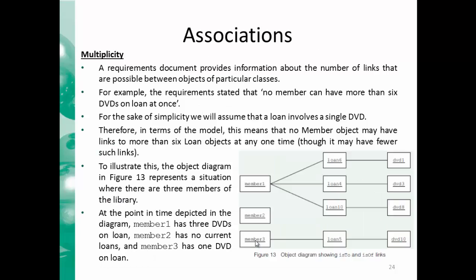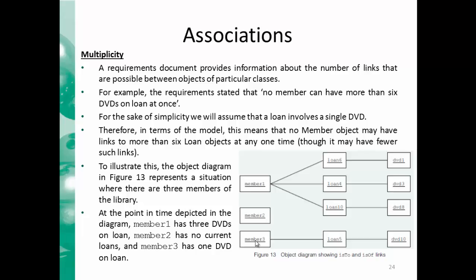So now we will add more information to the class diagram to decide how many objects from one side are connected to how many objects from the other side. And that's what we call multiplicity. We use a particular format to show that the allowed number of objects to be created from this class is specified.